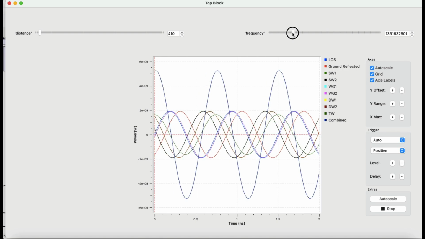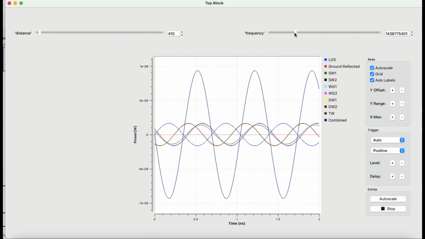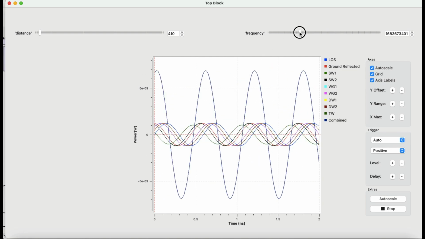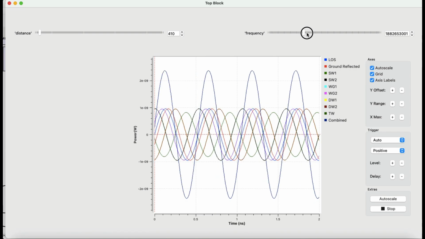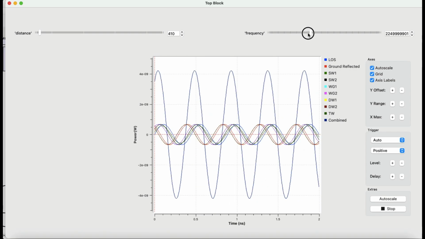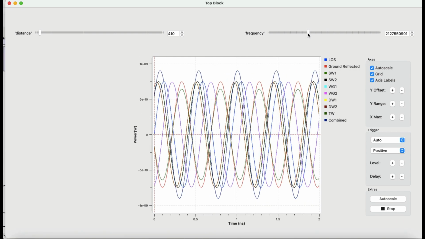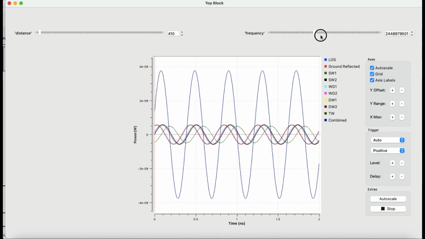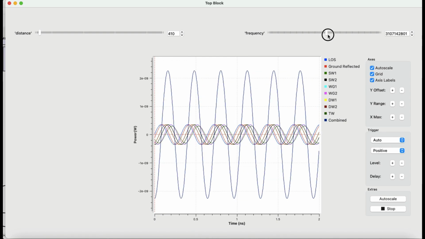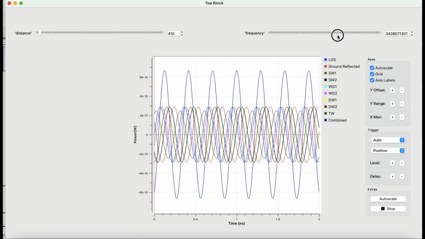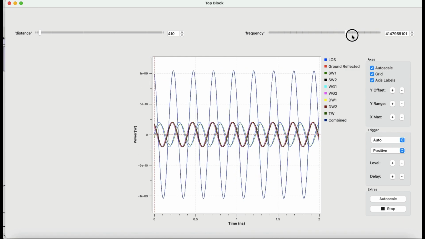Let's change this frequency a little bit more, and let's see our combined signal. So this is the combined signal. So this is being added constructively. Let's change this frequency more. Let's say I can completely diminish that signal if I can. No, I still cannot. Let me just change this a little bit more. Can I?